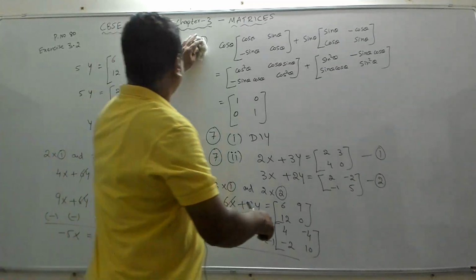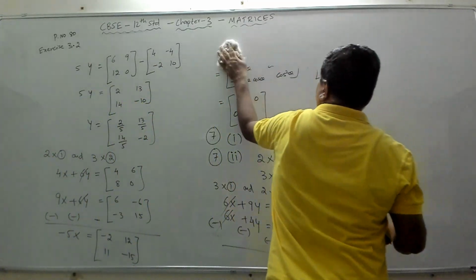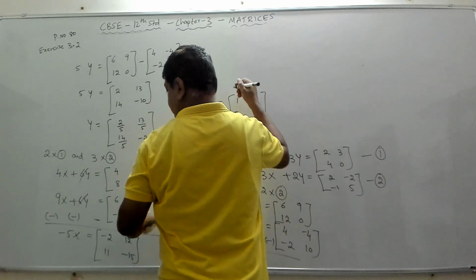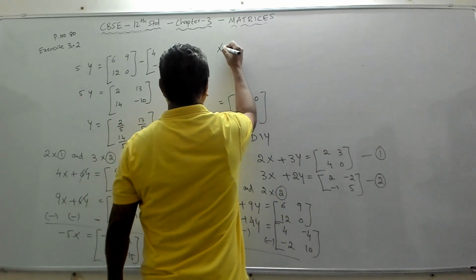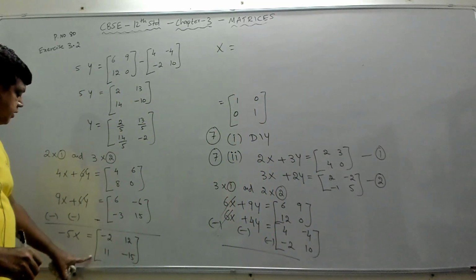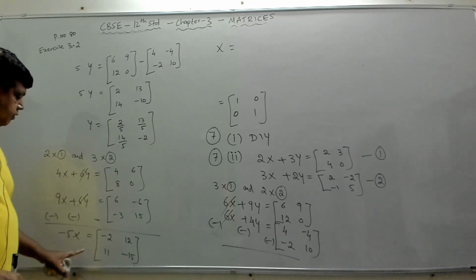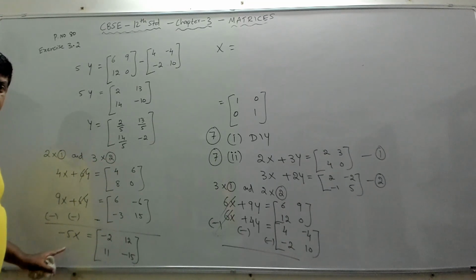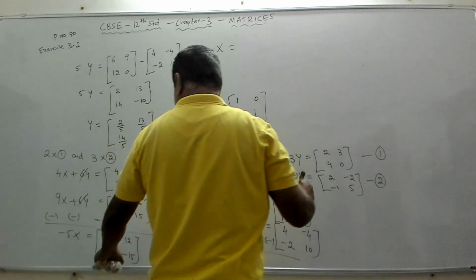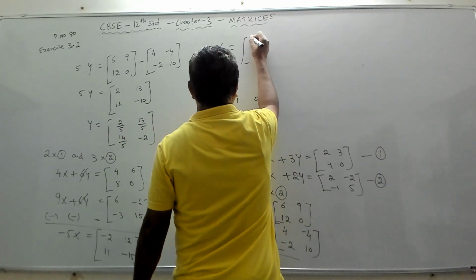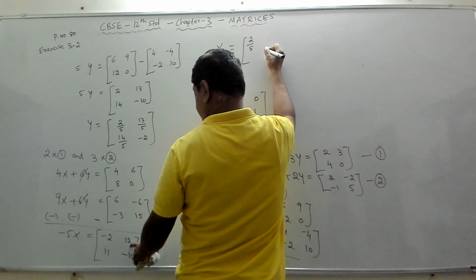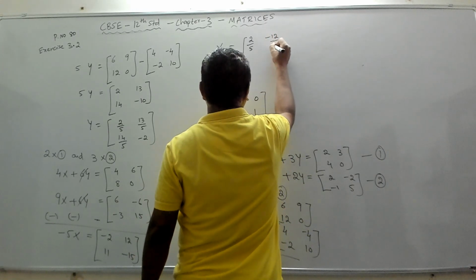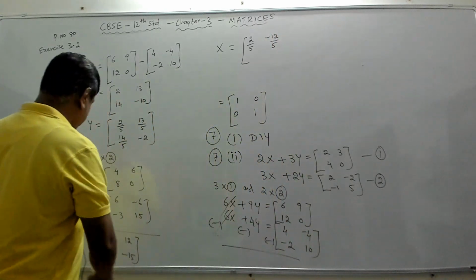So now if I erase this, our X matrix will be equal to, this minus 5 will come this side, and become minus 1 by 5, which means we should divide each element by minus 5. So this will become 2 by 5 and this will become minus 12 by 5 because each element is divided by minus 5.